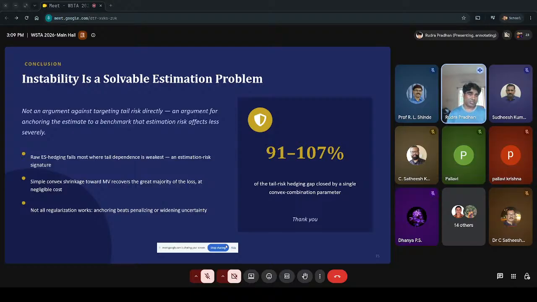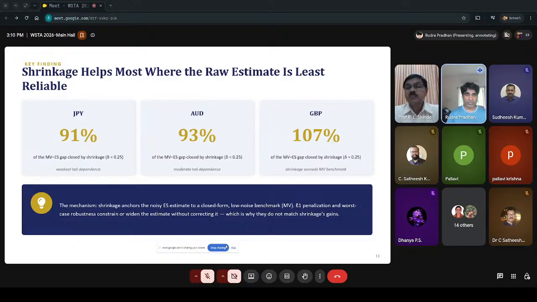And the second one is that a simple convex shrinkage towards MV recovers the great majority of the loss at negligible cost. And finally, not all regularization works; penalizing or widening uncertainty does not. So in short, the tail risk edge gap is closed by a single convex combination parameter, 91 to 107%, which we can find from this particular slide.